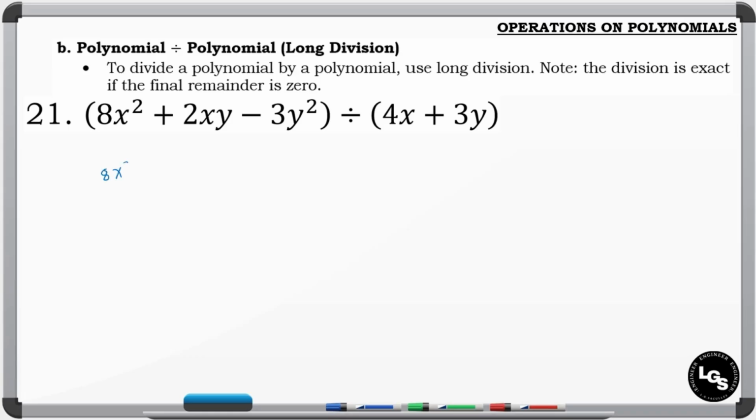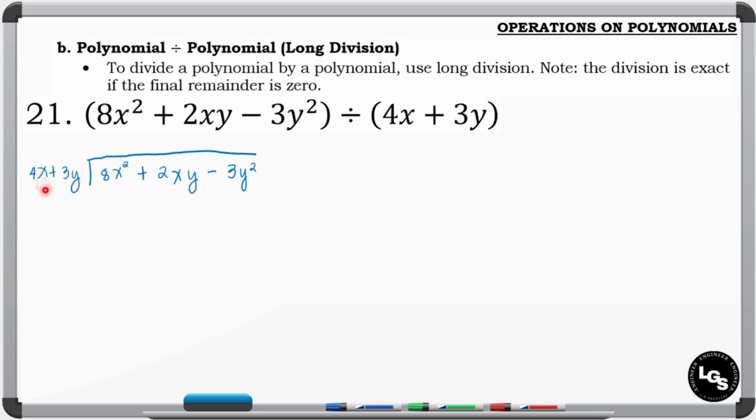So we have 8x squared plus 2xy minus 3y squared divided by the divisor. I have written the x squared first, so I will write the 4x term as the leading term also. So 4x plus 3y.